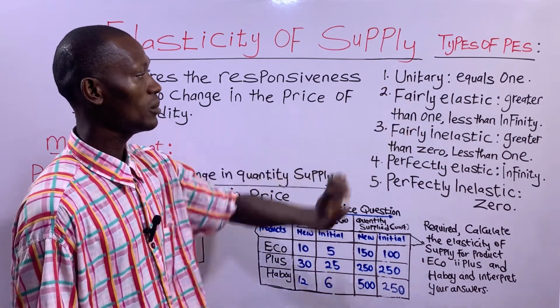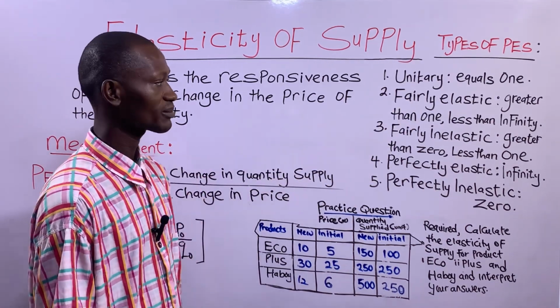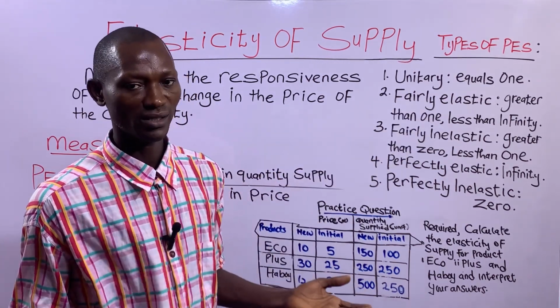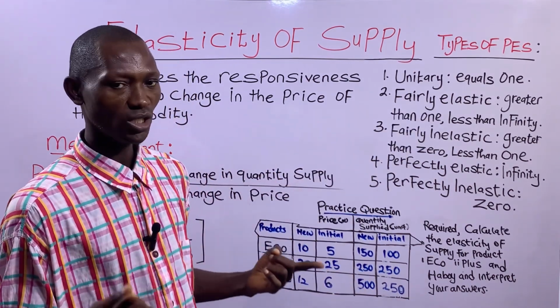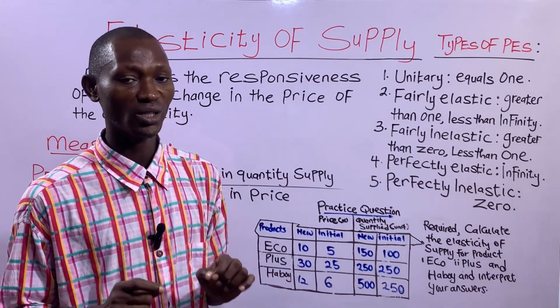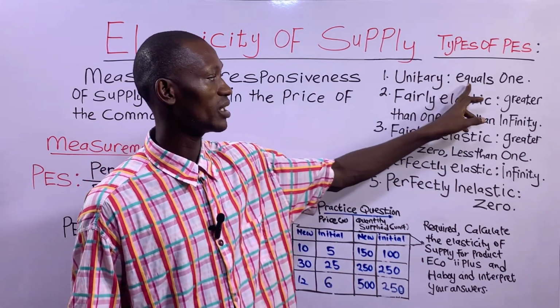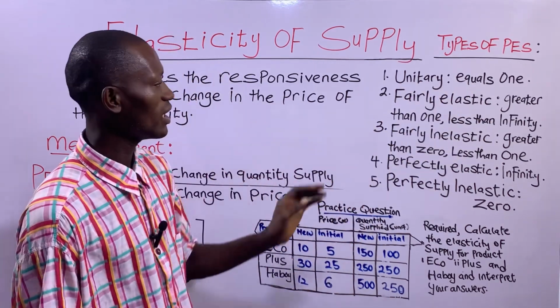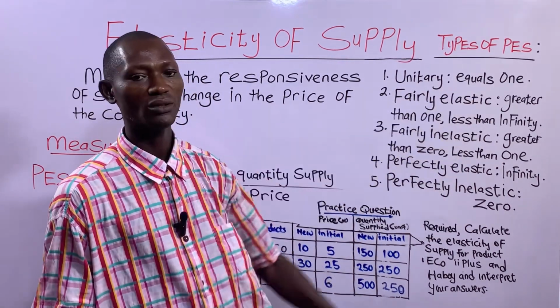So, unitary price elasticity of supply. When we say unitary, or most times they call it units, units means one. So each time you calculate your price elasticity of supply and the coefficient you get is one, that will be interpreted as unitary. That's basically what we have. And how did we come about this one?